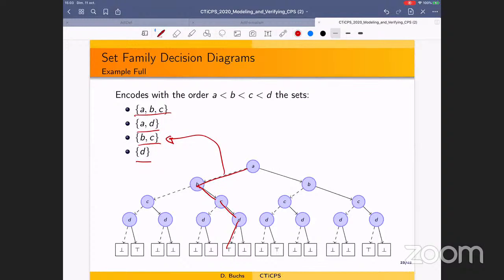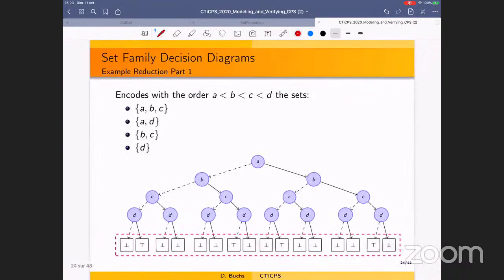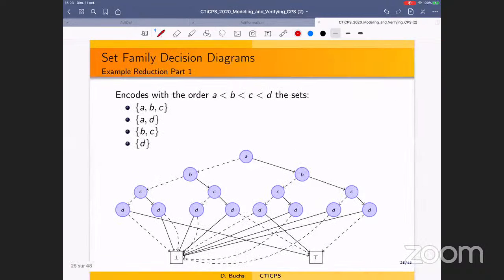So here, I would like just to show you very quickly various possible ways of reducing this graph. For instance, you can reduce the terminal nodes, so the nodes indicating if the set is in the set or not, with the bottom and top. This is where we are just collecting the final nodes into the same node.